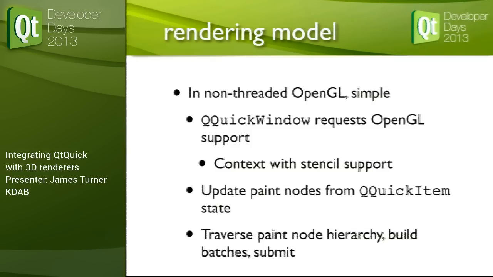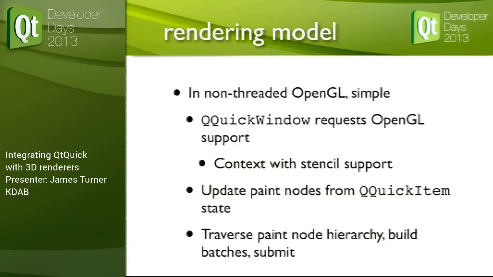And then, essentially the rendering phase is that we run over our QtQuick item tree, building up our paint nodes, our SG nodes, from the QtQuick item's current state. We do a traversal called polishing, which again can synchronize the QtQuick items with whatever scene graph nodes they built.